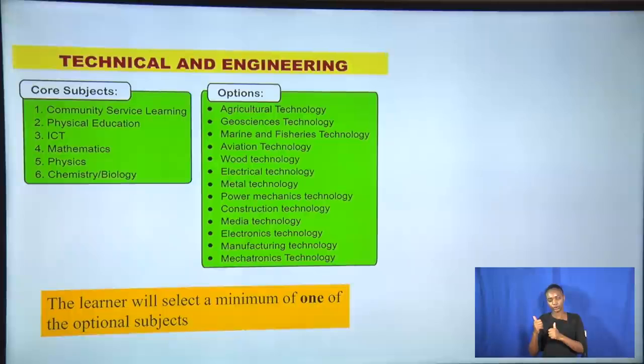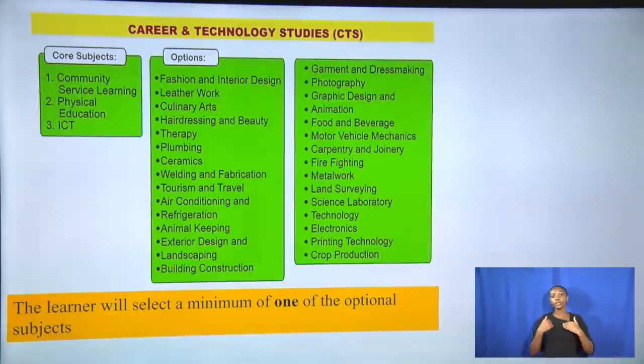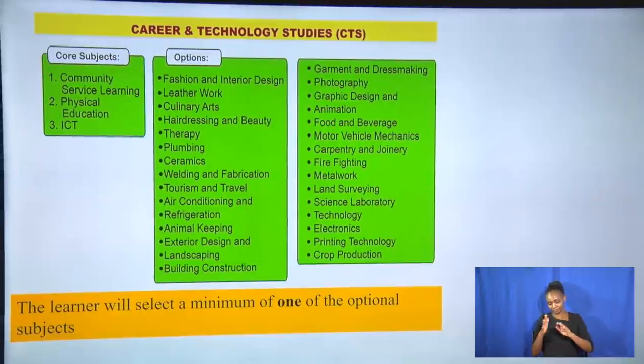They may choose another 1 option, that is agricultural technology, geoscience technology, marine and fisheries technology, aviation, wood technology, electrical technology, metal technology, power and mechanics technology, construction technology, media technology, electronics technology, manufacturing technology, mechatronic technology. So to make 7 learning areas.